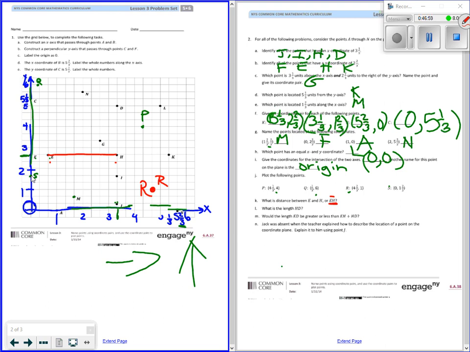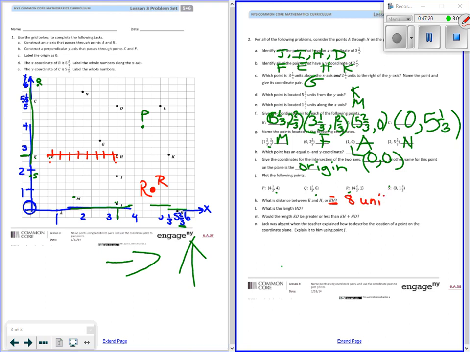It's just counting the squares, the units that you have to go, like a distance. So from point E to point H: 1, 2, 3, 4, 5, 6, 7, 8. That's all it is. You would say 8 units. Simple, simple, simple. It was 8 squares to get from E to H. 8 units.